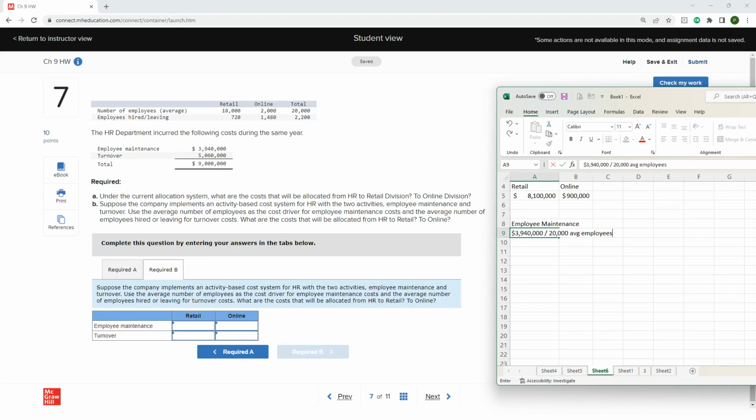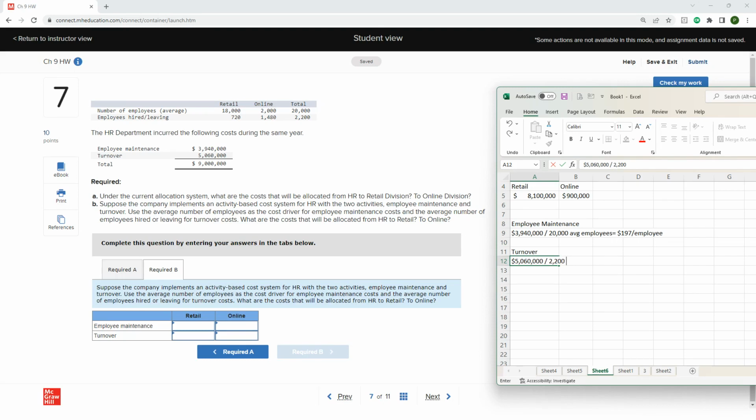And for turnover, we do 5,060,000 divided not over the 20,000 total employees, but over 2,200 employees that were hired and fired in the current year. And that gives us $2,300 per employee.